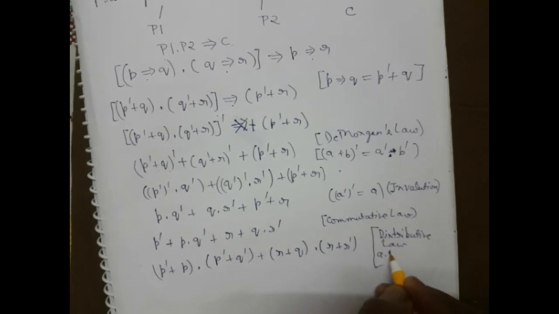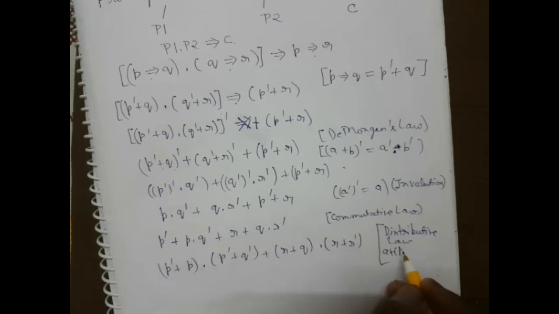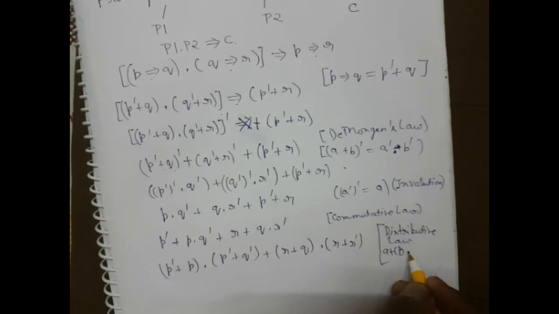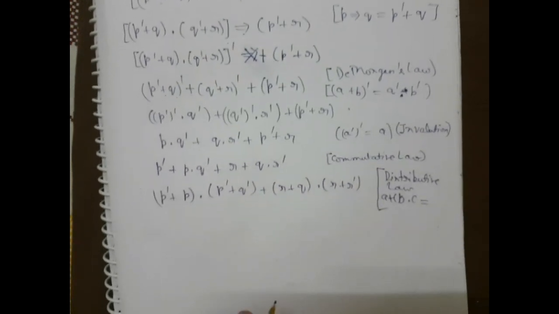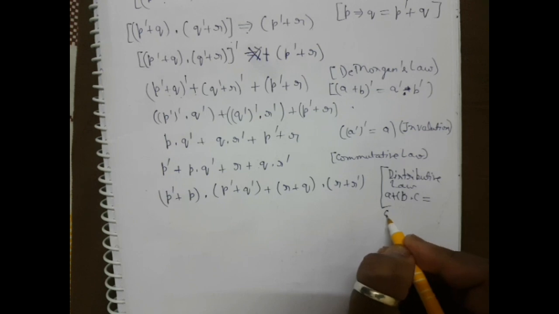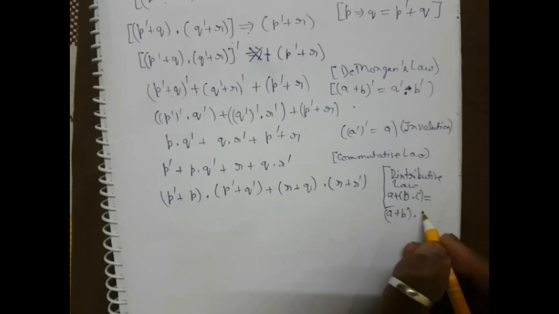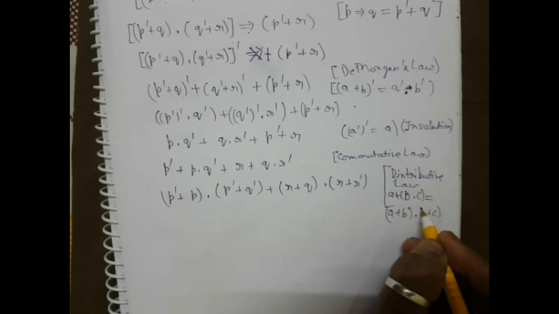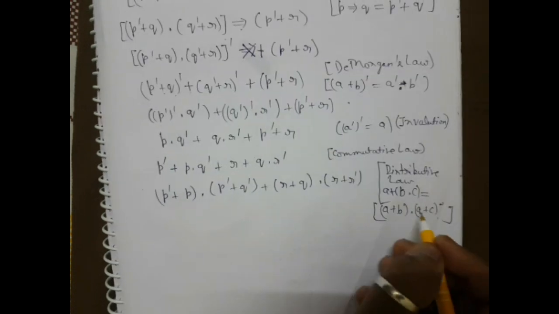A plus B dot C equals A plus B dot A plus C. So this is the distributive law which we have here.